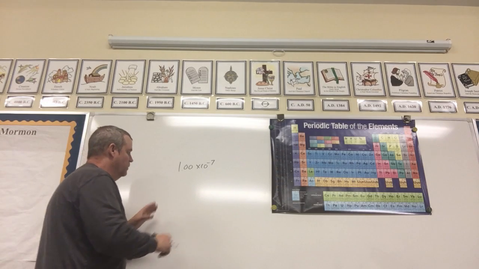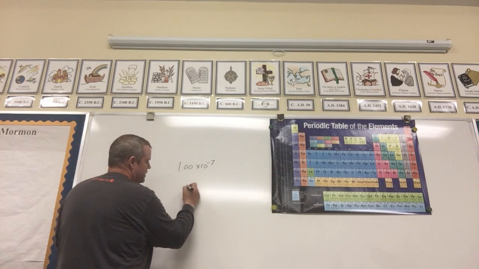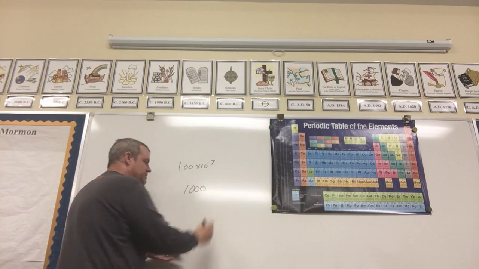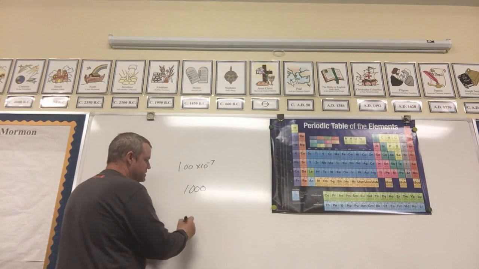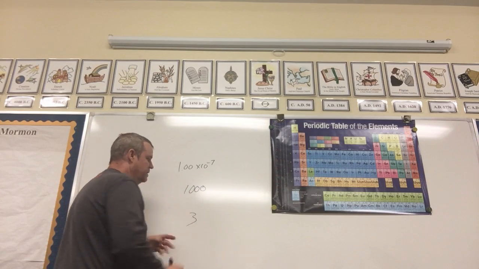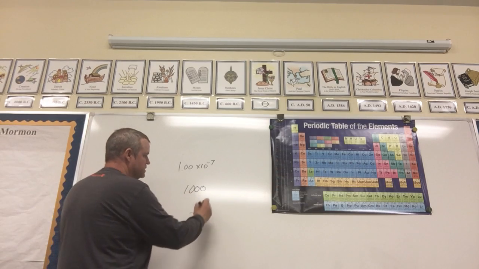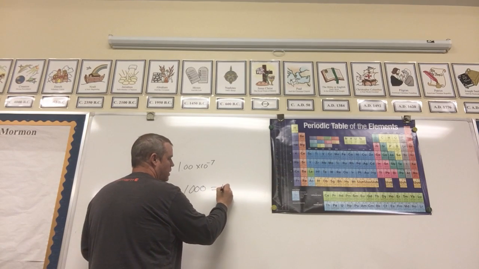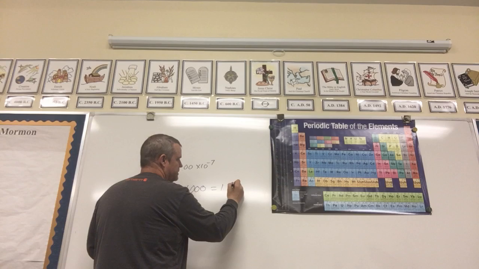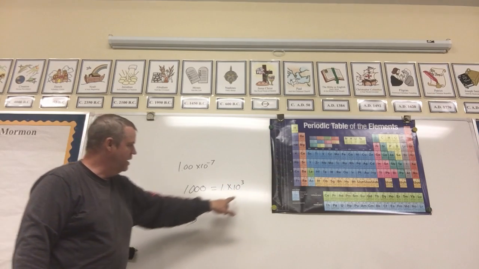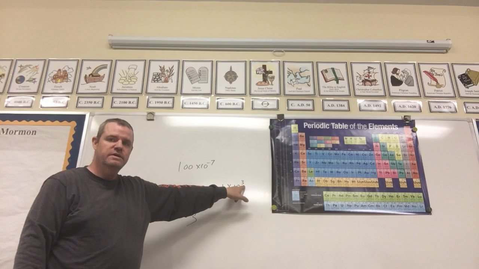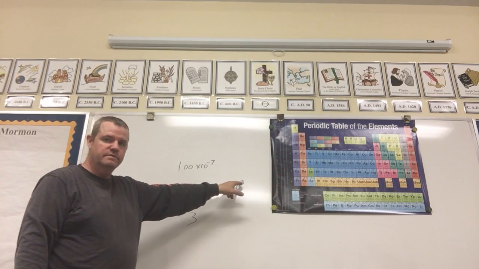And the negative log of this is, well, first of all, let me go to this. This is 1,000. The log of that is 3. But another way of writing this is 1 times 10 to the third. You can see that the log is the same as this exponent.